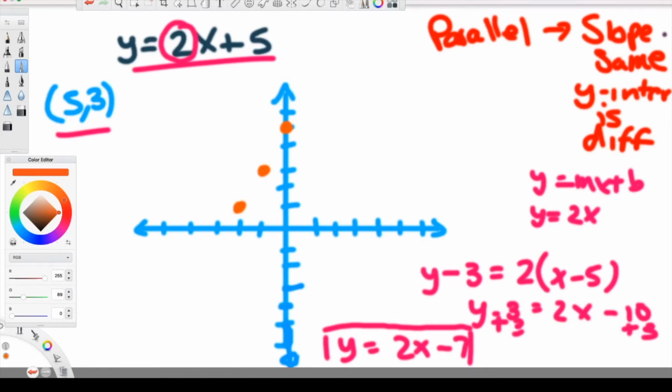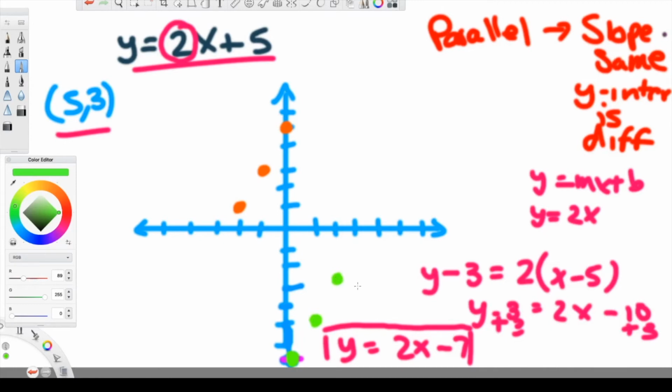Okay. Now what about the second one? The second one, I have minus 7. So 1, 2, 3, 4, 5, 6, 7. Actually, wait, that's going to be wrong. I'm going to put that right there, 7. I'm going to use a different color. 7. Then go up 2 to the right.